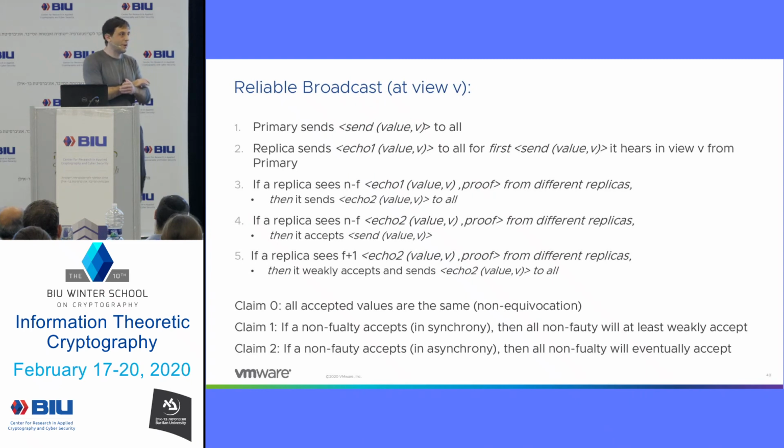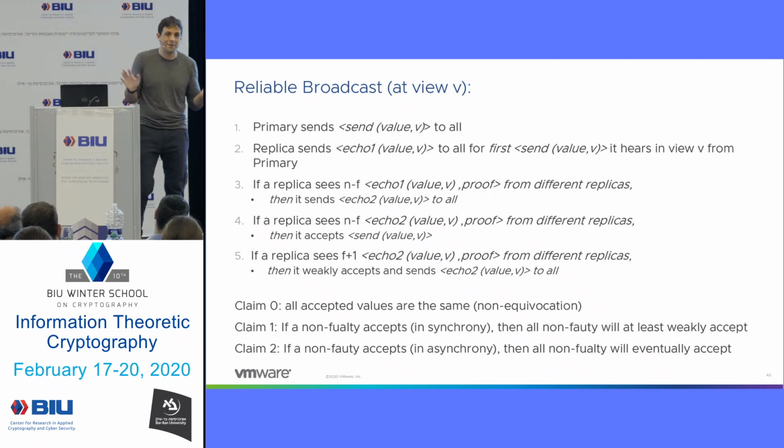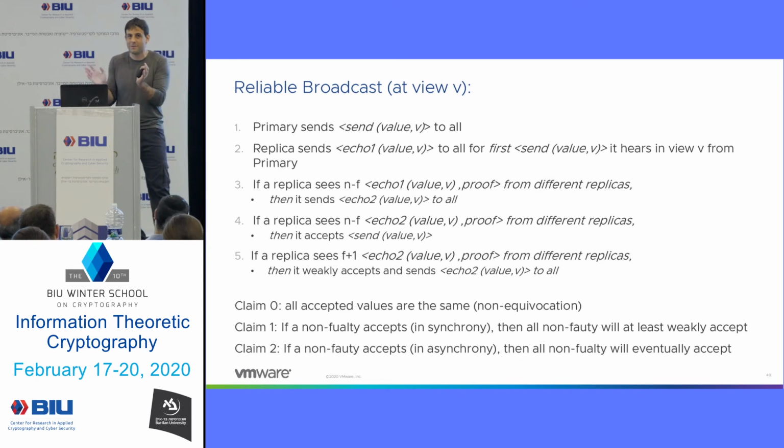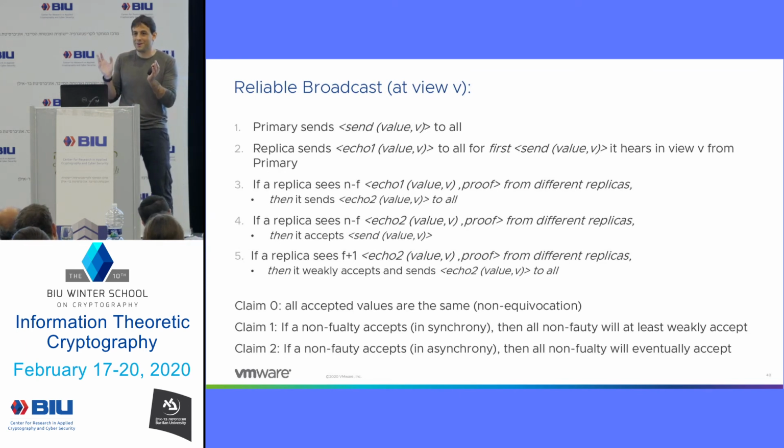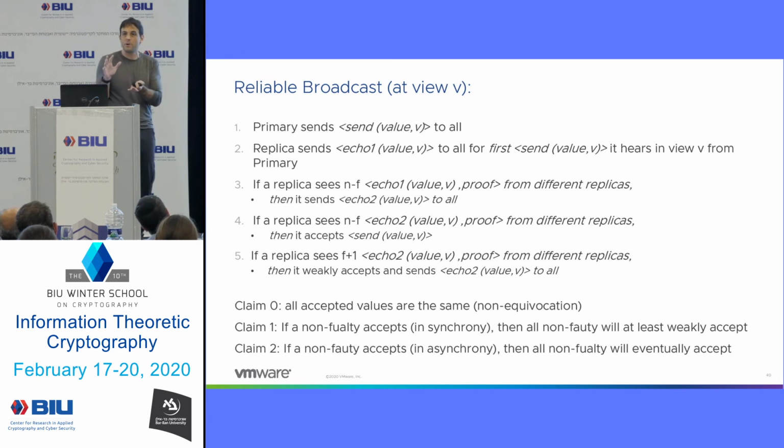All right, so this is the main trick in information theoretic Byzantine fault-tolerant protocols: to run 2 rounds of these all-to-all, not just one, and to have these 2 thresholds, n minus f and f plus 1. This is reliable broadcast. This is a very important primitive.